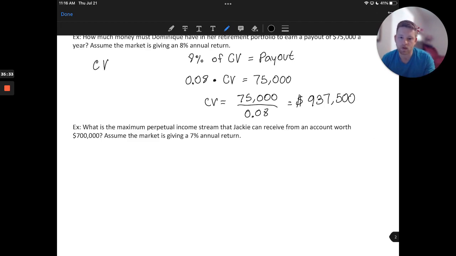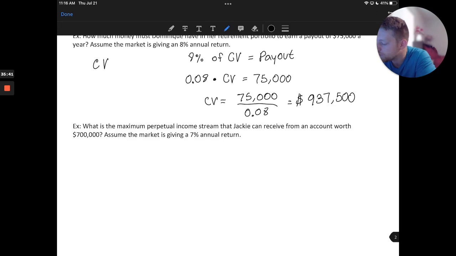So it's really kind of asking the question in reverse. It's saying, I know the present value or the capital value of my income stream, that's $700,000, but how much can I actually pull from that? Well, in this case, I can only pull my interest out.